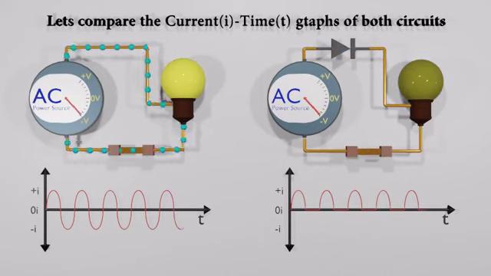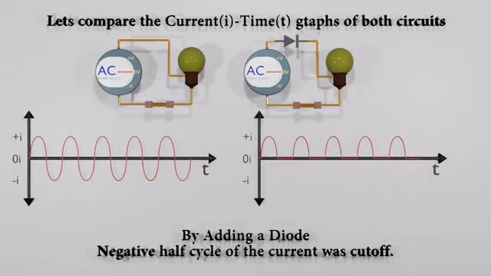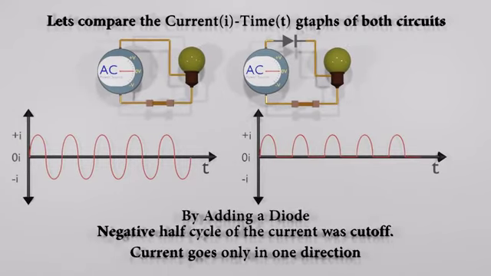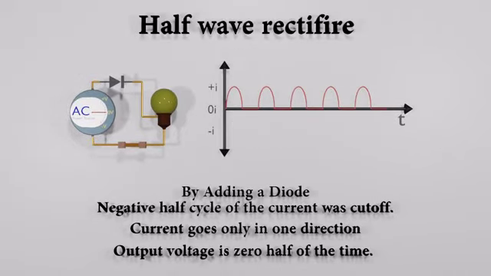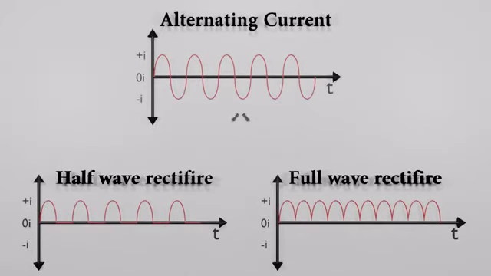Half-wave rectifiers are simple enough to build but aren't very efficient. That's because the entire negative cycle of the AC input is blocked by a half-wave rectifier. As a result, output voltage is 0 half of the time. So a full-wave rectifier is needed.